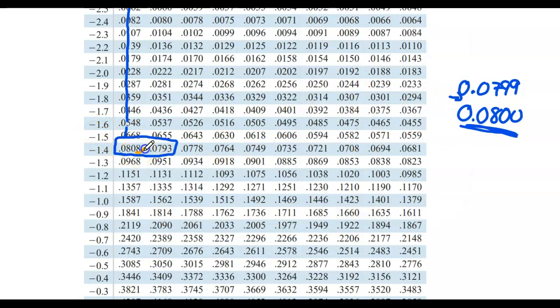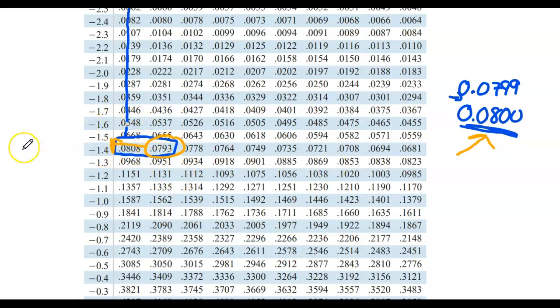Well, I notice that this one is 8 points away. This one, if I do the subtraction, is actually only going to be 7 points away. So I'm actually going to end up using this value. It's slightly less, but it is actually closer to the value that we want. Only by one value, but it's still closer. We want the one that is closest to our value. So then to find my z-score, I'm going to follow it out here.